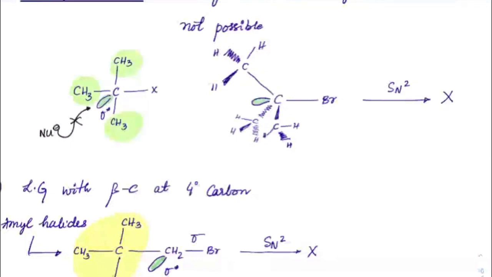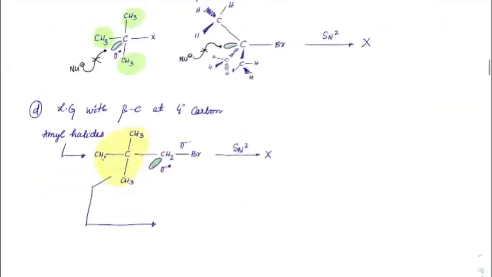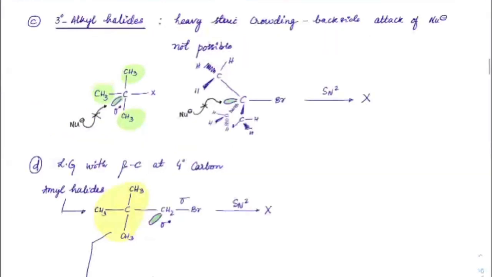Looking at the 3D structure here, we cannot see the nucleophile being able to attack that sigma star. So SN2 won't happen here. The reason is that the heavy crowding of the molecule will inhibit the nucleophilic attack.